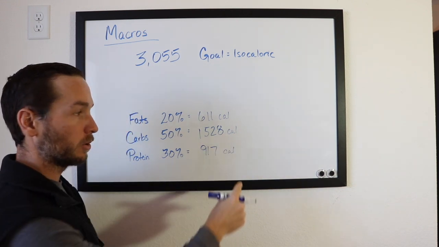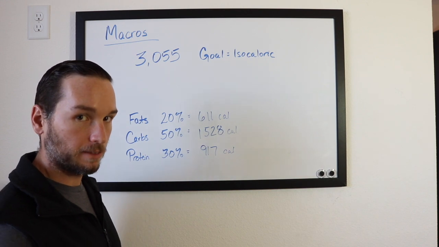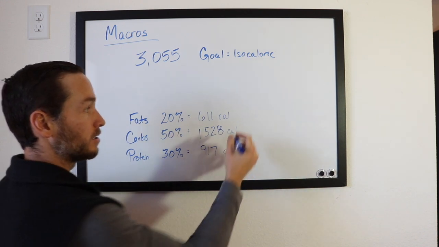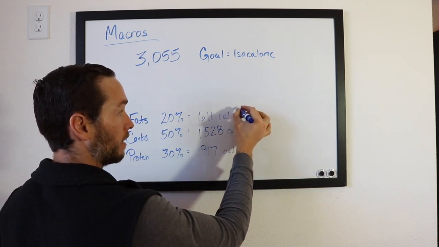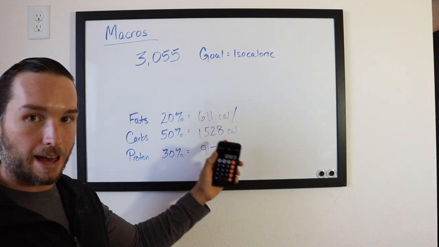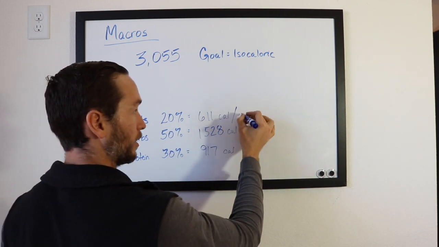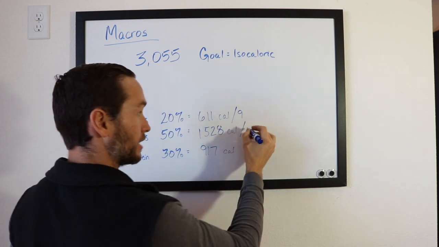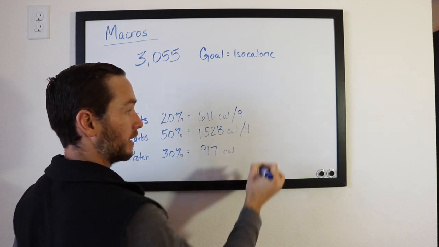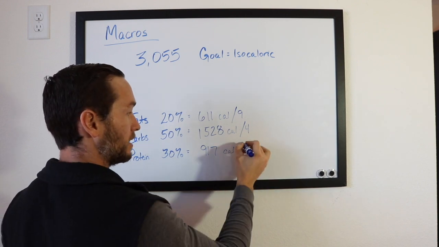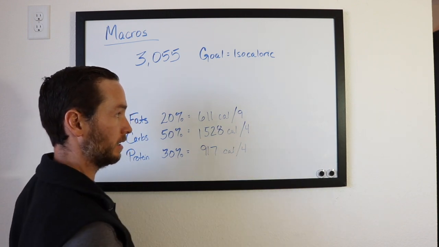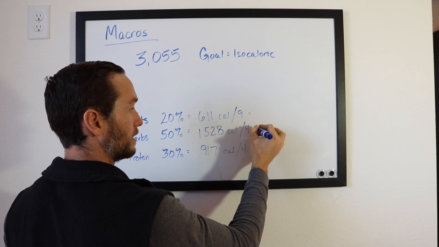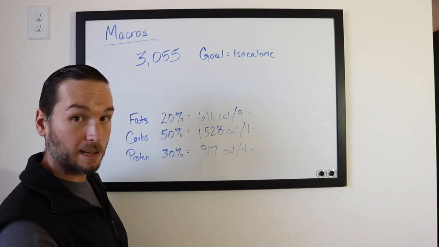Okay, so that's the caloric count, but that's harder to keep track of than a gram amount, right? Every gram of fat is 9 calories, so I'm going to divide by 9. Every gram of carbohydrate is 4 calories, and the same for protein. This is going to give me my grams for the day.